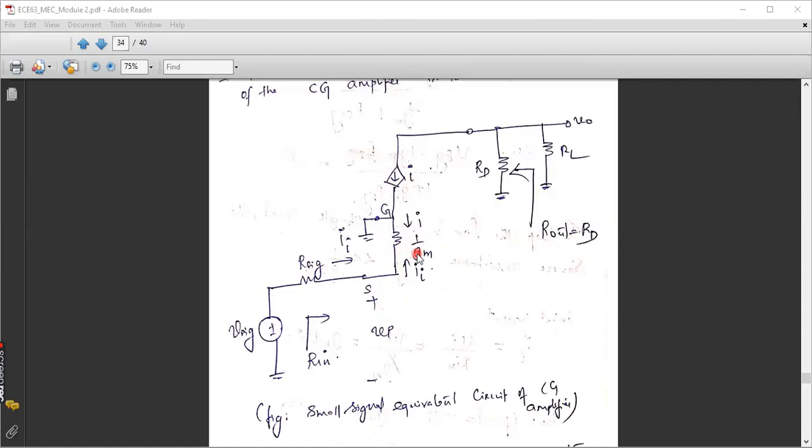So any current source can be replaced by an equivalent resistance whose value is the reciprocal of its conductance. That is the rule that we have applied while drawing the T equivalent model. If you take any dependent current source, you can replace it with the resistance 1 by Gm.